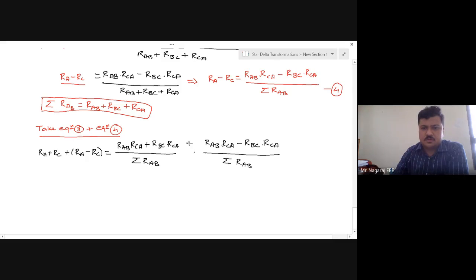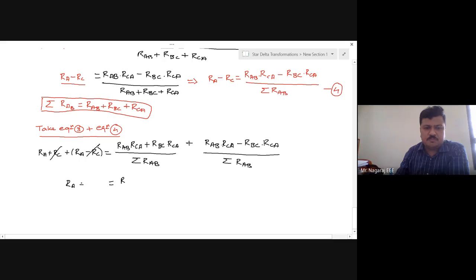Okay. So it is the addition of two terms. LCM is same. So with this, you can observe, I can write this as equals to, on the LHS, minus RC and plus RC will cancel.